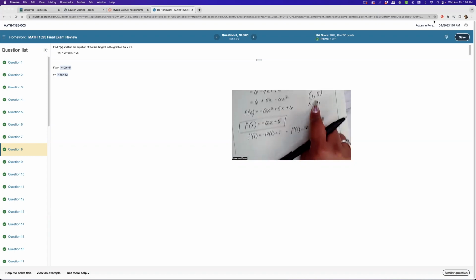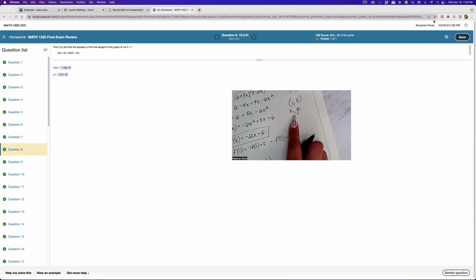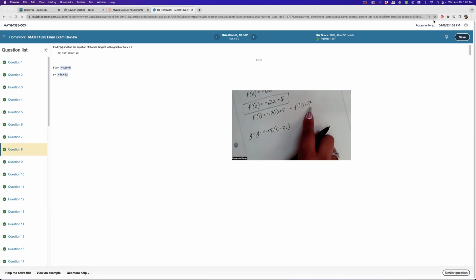I have my point. And for the last part, I need to find the equation of the line tangent to the graph. So y minus y1 equals m times x minus x1. We know our y1, our x1, and we know our slope for the tangent line.